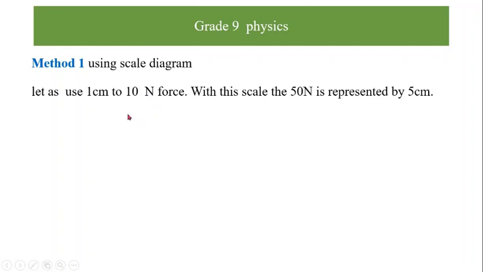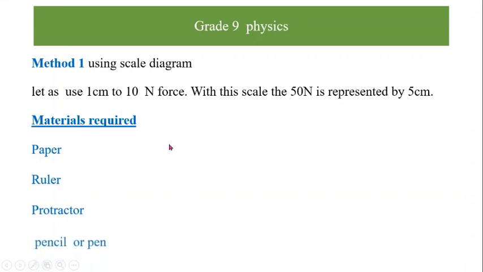So with this scale, the 50 Newton force is represented by 5 centimeter. The materials required to do this problem with this method are paper, ruler, protractor, and pencil or pen.